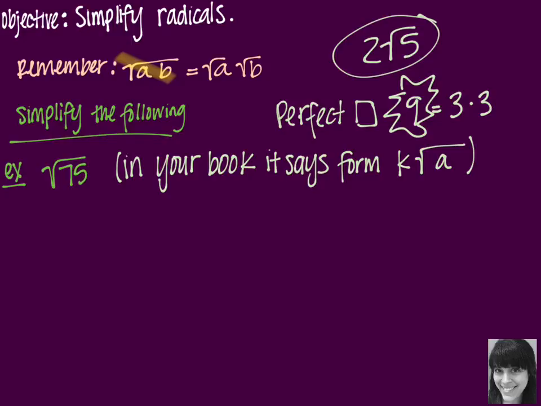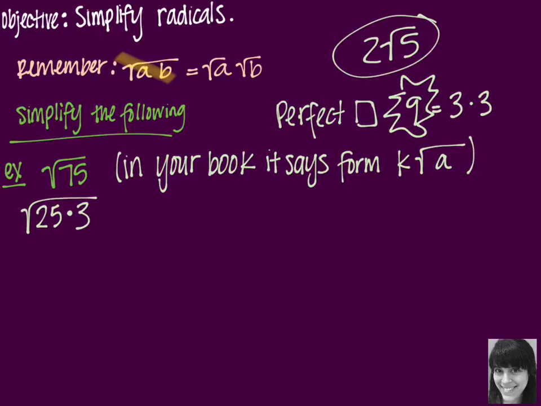Anyone? 25, right? 25 is a factor of 75. And I know that 25 is a perfect square because 5 times 5 is 25, right? So I can rewrite this as 25 times, and then I divide 75 by 25 and I get 3.